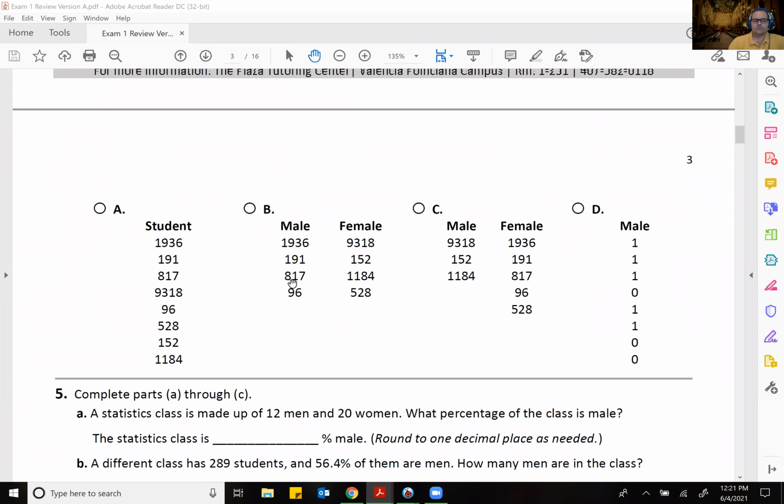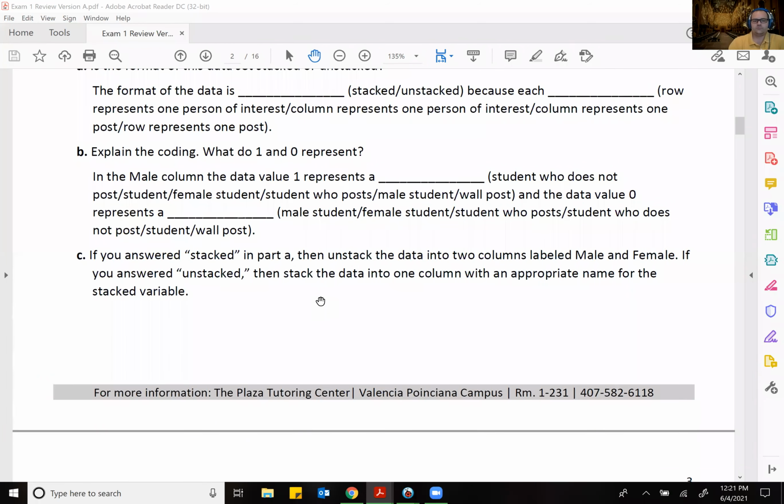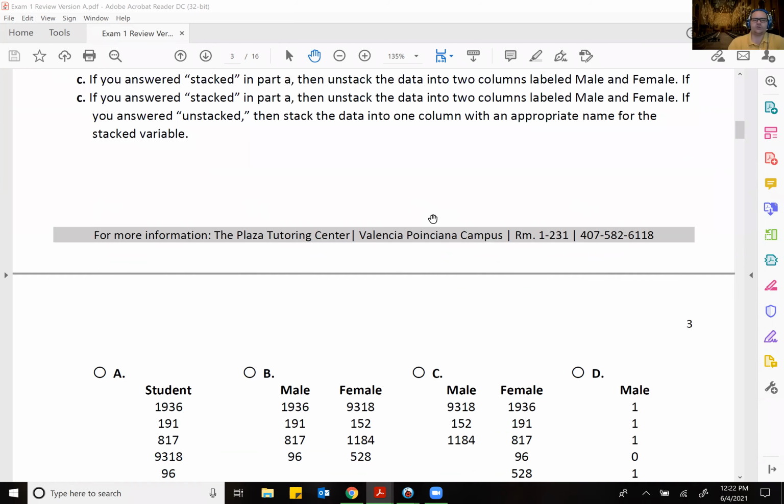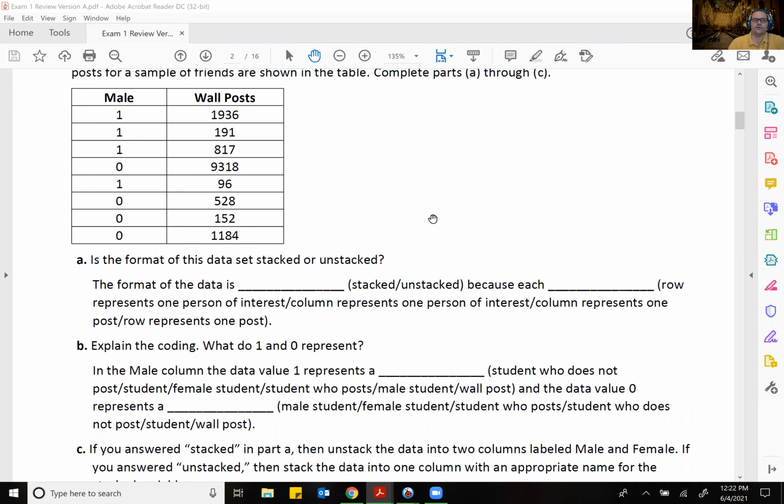So here, they want to know which one of these displays is the unstacked information. Well, first off, which two displays are unstacked? B and C. All right. Now we just have to make sure that we have the right amount of numbers for each one.